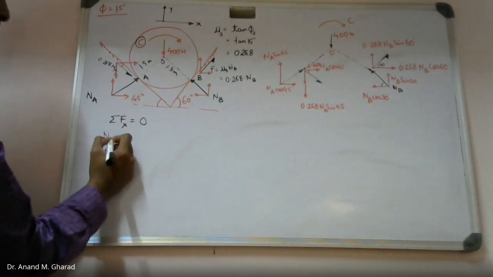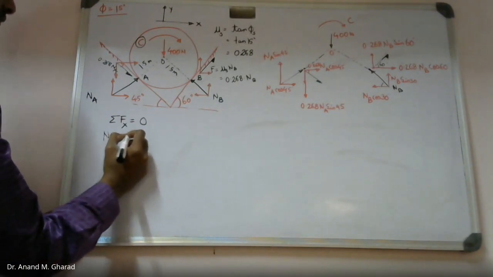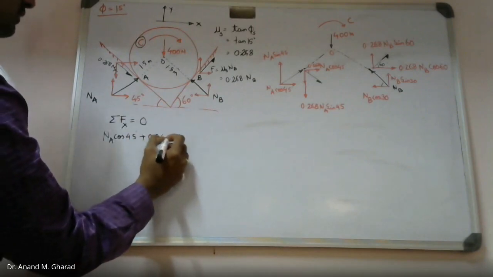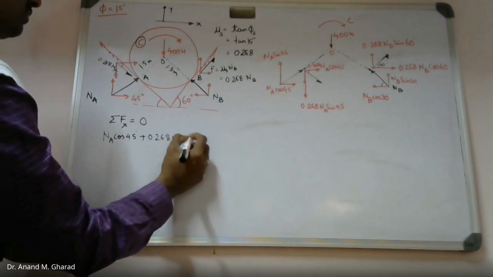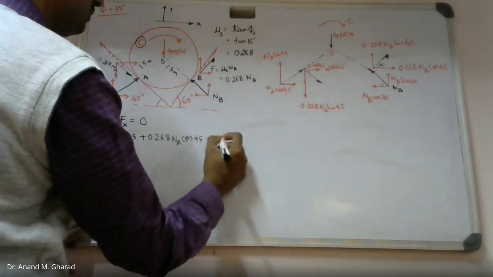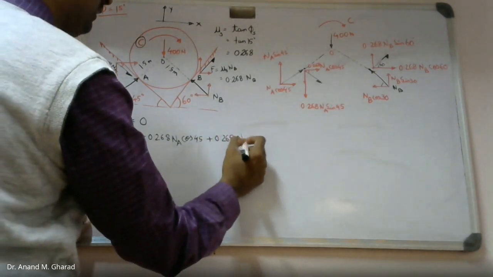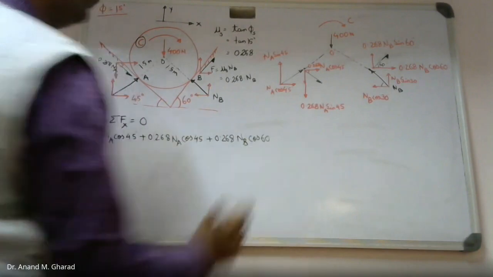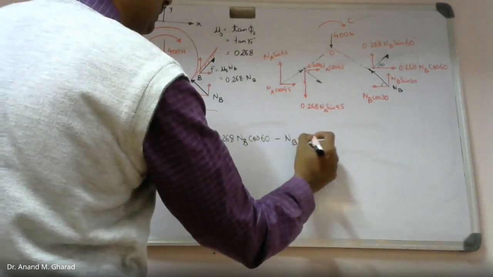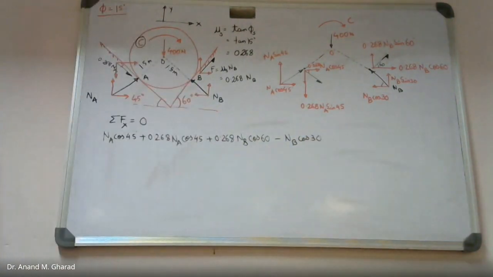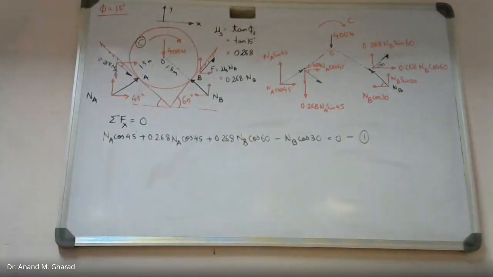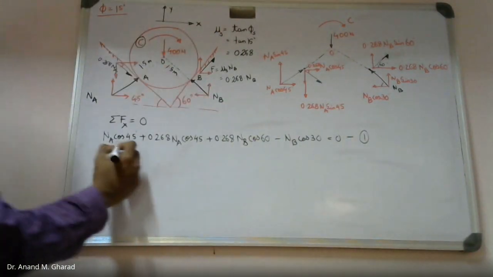So the values shall be NA cos of 45, which is in the right direction, plus 0.268 NA cos 45 again in the right direction, plus 0.268 NB cos of 60 minus NB cos 30 equal to 0. Let this be equation 1. All values are unknown values.